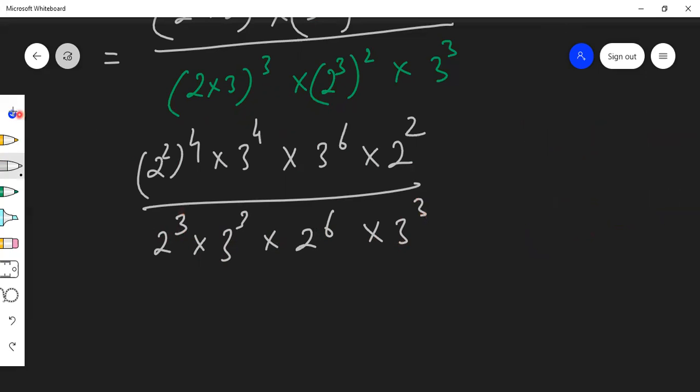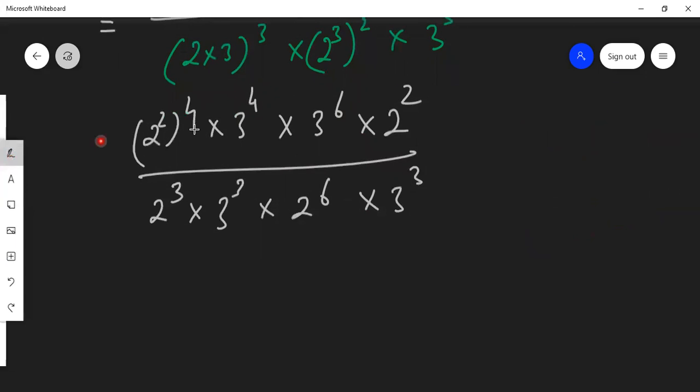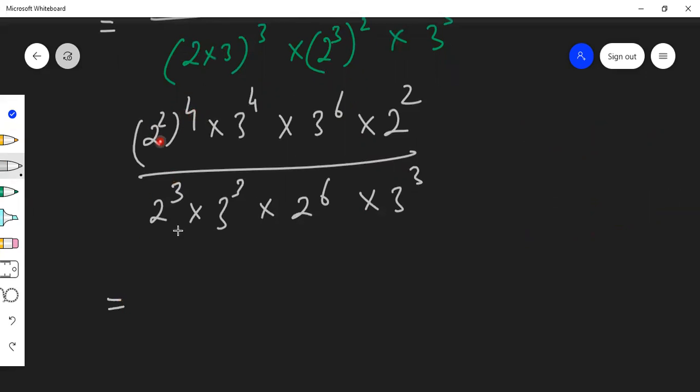Okay, now we can again use the property. The rule: power to power, they get multiplied. So we get 2 to power 4 into 2, which is 8. And since multiplication of numbers is commutative, we can bring this 2 also close to this 2.